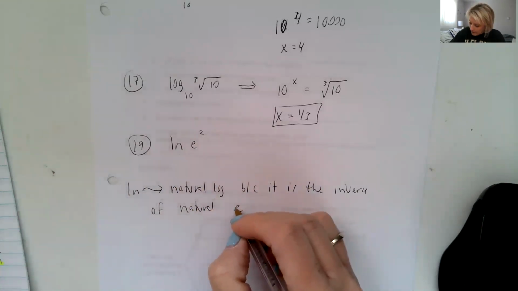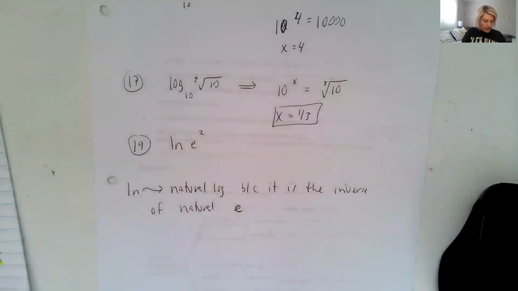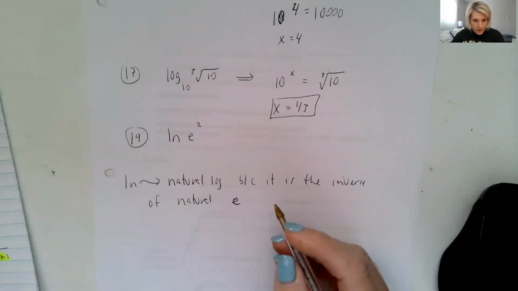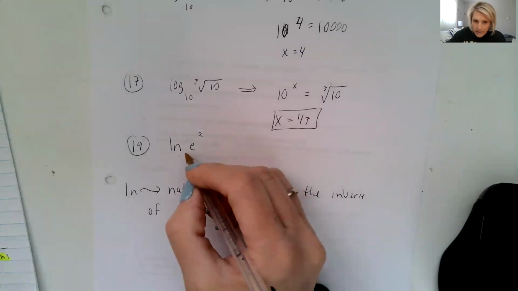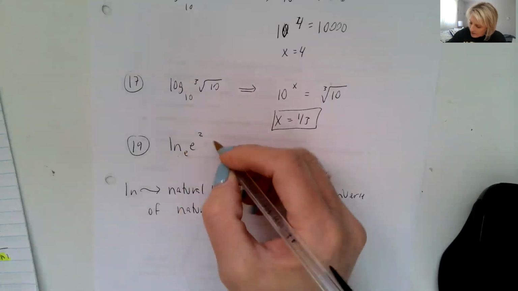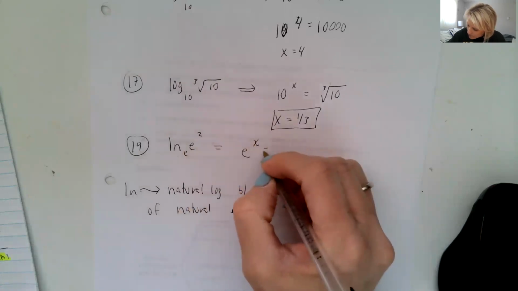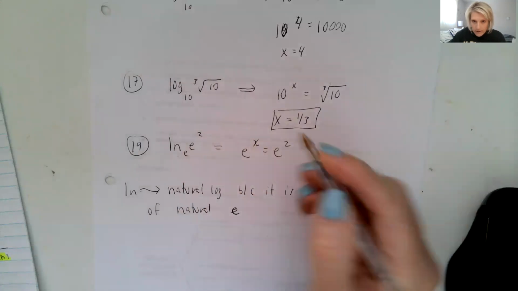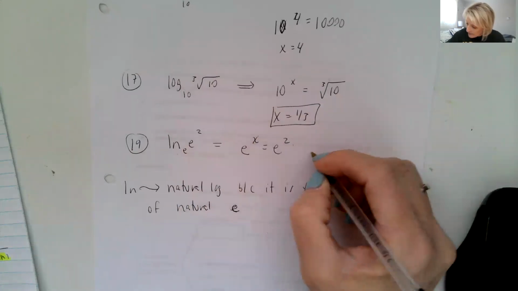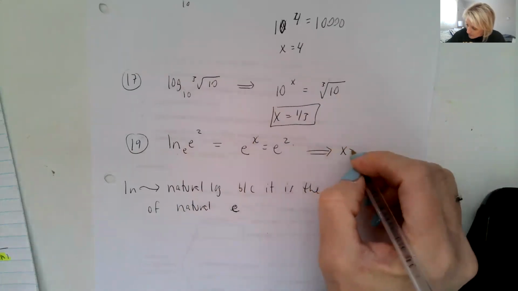Remember we did that. We used the natural number e in the lesson 4.2. So this is really a base e, okay? So this is saying e to what x value will give me e squared. So that means x just needs to equal 2.